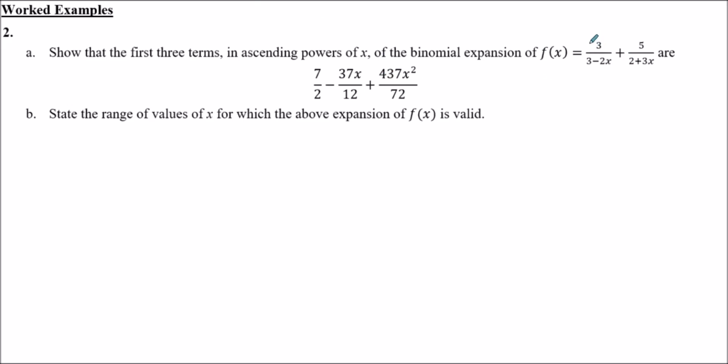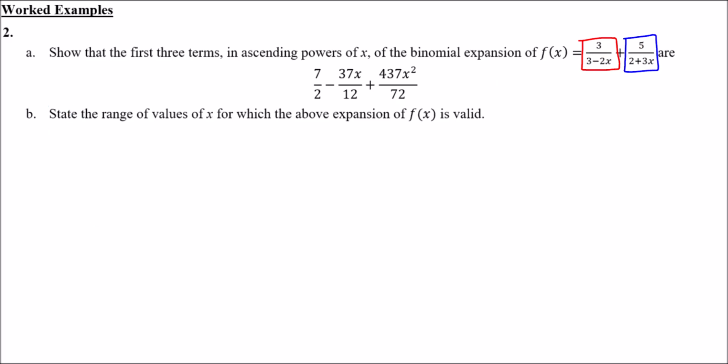let's think about the 3 over 3 minus 2x. Next, we'll think about the 5 over 2 plus 3x as well. So first of all, just think about this one here. So what we need to do here is think about how we can partition this out.